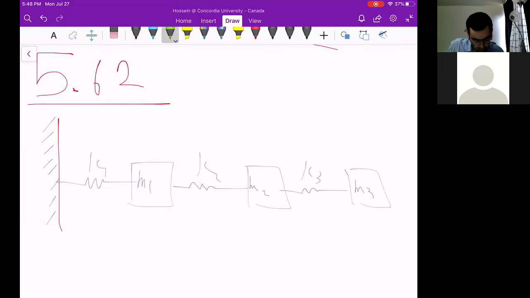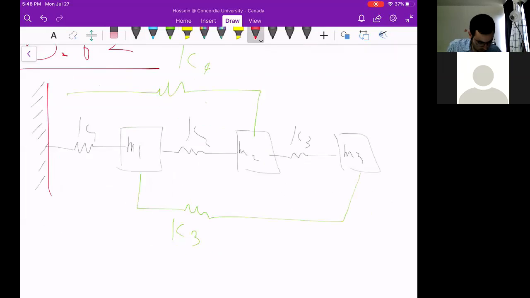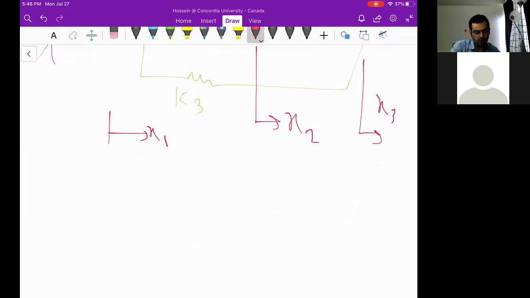M2 is also connected to the wall through K4, and M1 is connected to M3 through K3. This is X1, X2, X3. If you take a look here, there are 3 masses. That's why we could say we are dealing with a 3 degree of freedom system.